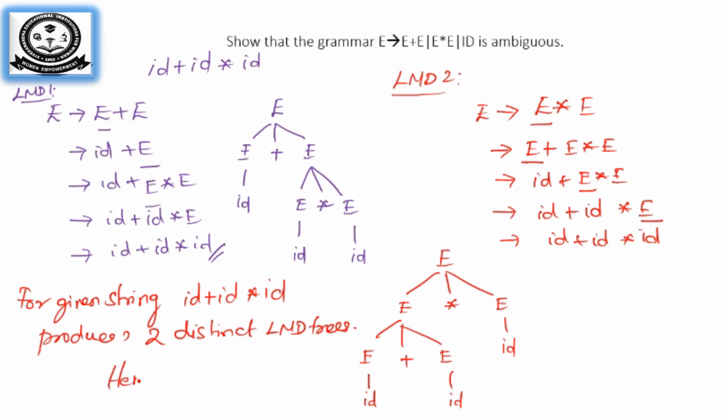Hence, G is ambiguous. So if you are able to derive two parse trees with the LMD derivation for the given input string, and both are distinct, then the given grammar is an ambiguous grammar.